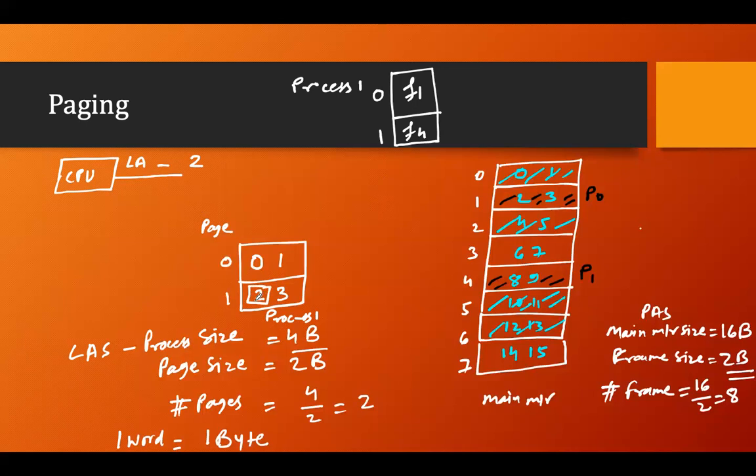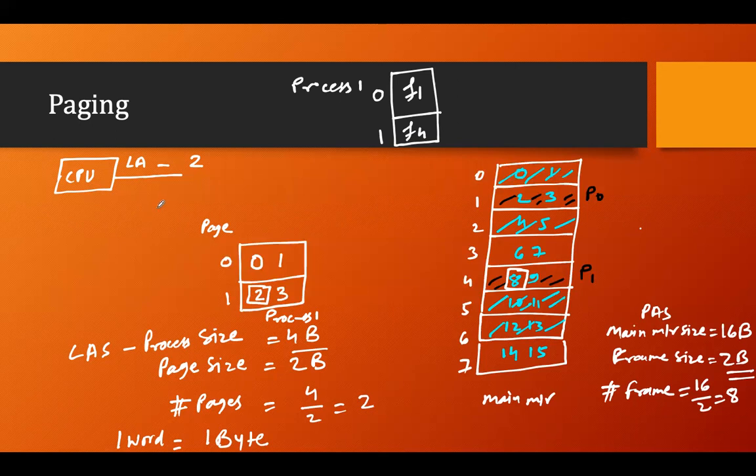Where is the place for this particular 2? The place is here, as you can see. From page number 1, you can get the first word here, because it is requiring 2, meaning this particular word.